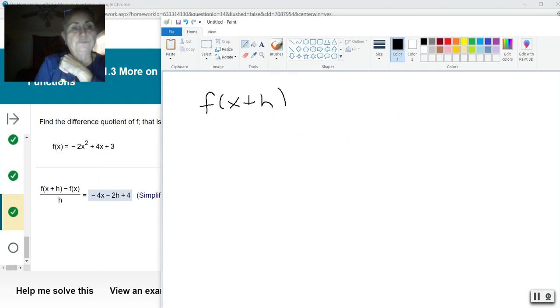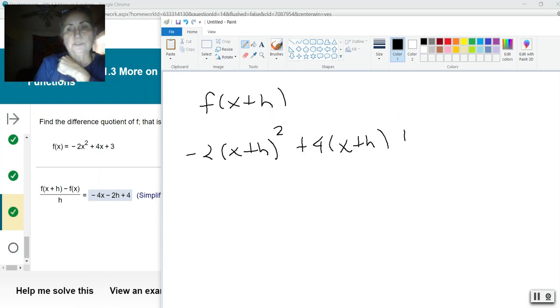I'm going to take my original function, negative 2 times x plus h squared plus 4 times x plus h plus 3. And by the way, the informal way is the same mathematics as the formal way. It's just the way we write it down. It's not as fancy. It's not as mathy. And that's okay if you're not a math major. If you're math, STEM, computer science, engineering, business, you're going to have to learn to do this the formal way.